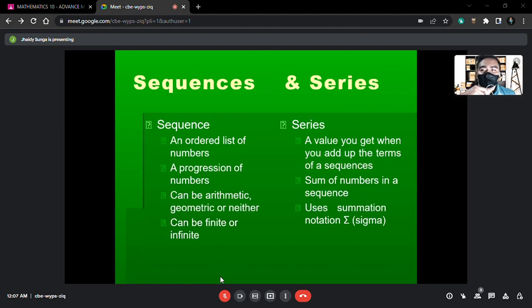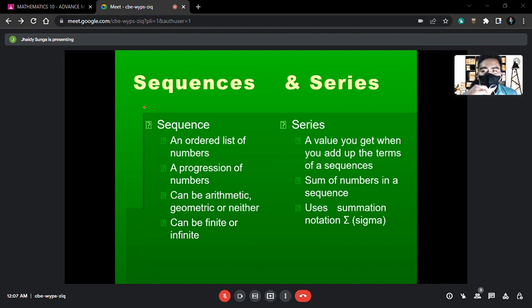So let us start by defining what is sequence and series. If you say sequence, it is an ordered list of numbers, right? That's the one I said a while ago. And when we say series, it's a value when you add up the terms of a sequence. So therefore, we could say that this series would be related to this sequence.